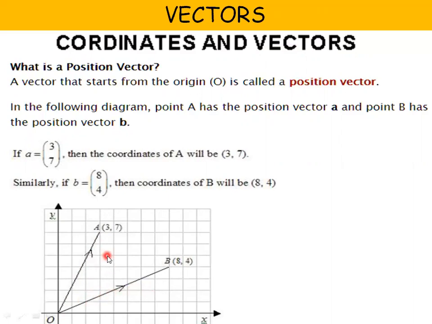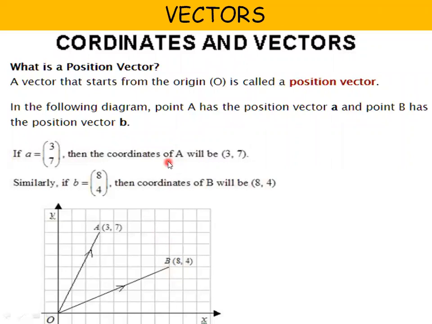But take note of the fact that we have a point A and a point B on the coordinate grid. This point is 3, 7, and this point is 8, 4. It is important for us to note that if we have coordinate points represented on the grid, then we can easily transform the coordinate points to what we call position vectors.